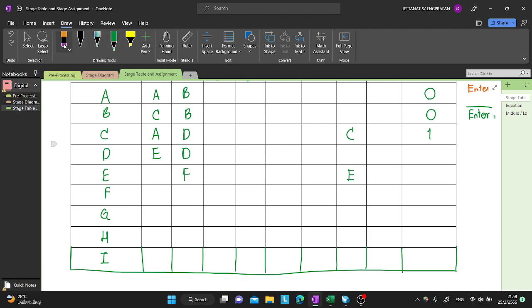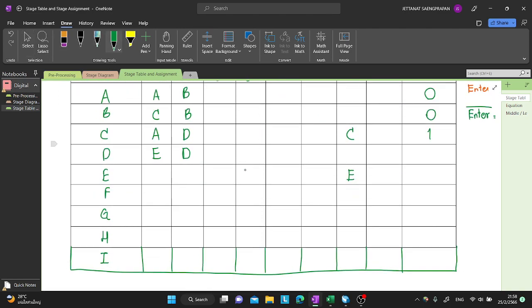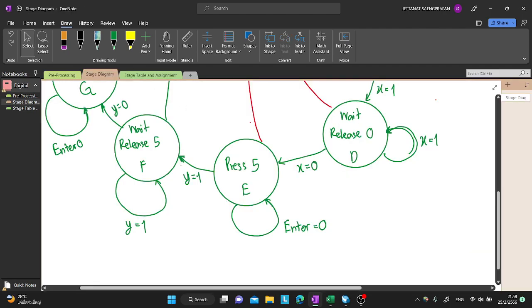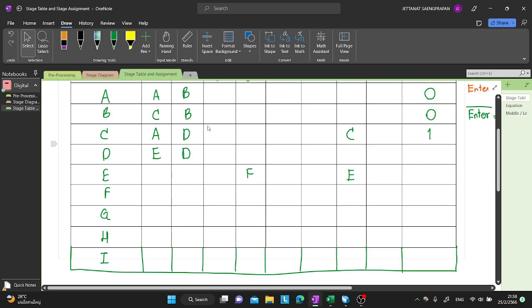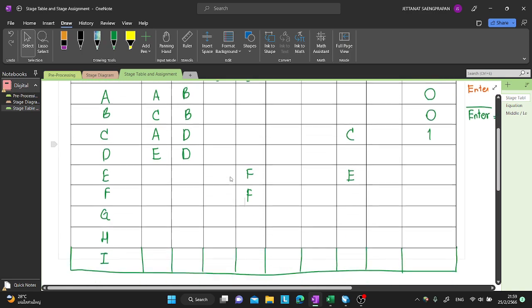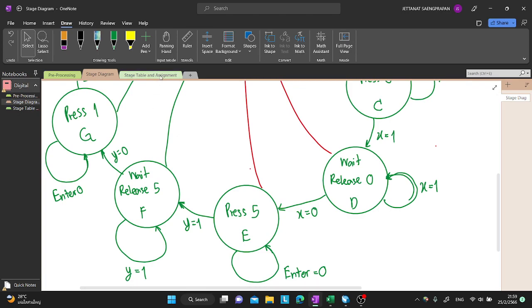Press Y is here, and go to F in here. And yeah, state F is wait for release 5. The state is still working when Y is 1. And if I'm not pressing 5, which is Y bar, it goes to the next stage, which is stage G.